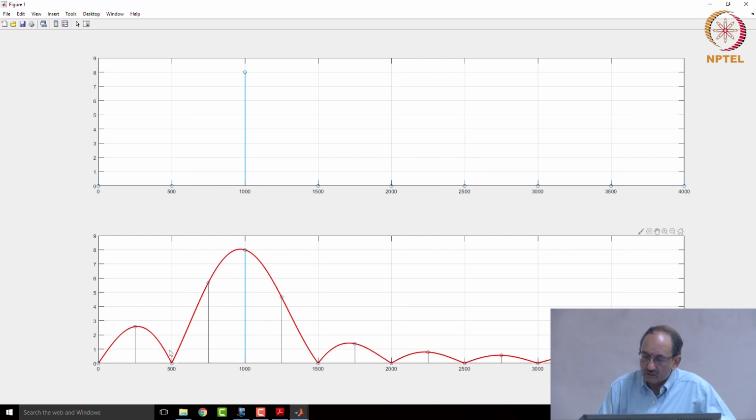Therefore, this apparently smooth looking curve, if you really zoom in, will contain a set of straight lines connecting points that are closely spaced, that is all. But as you zero pad more and more and more, you will approach the DTFT.